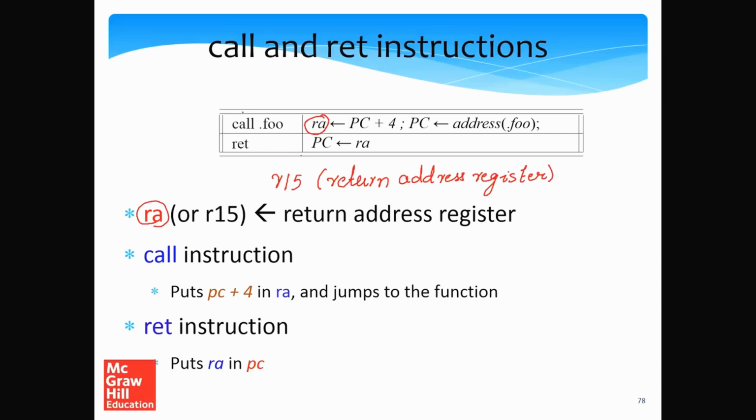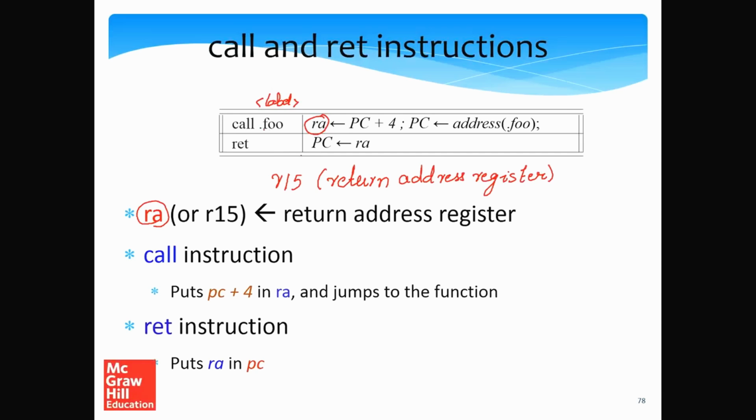The assembly language semantics is call label, where label is essentially pointing to the first instruction in the function, and the way that this gets translated in hardware is that we set the return address and we set the PC, the program counter, to the address that corresponds to the .foo label.